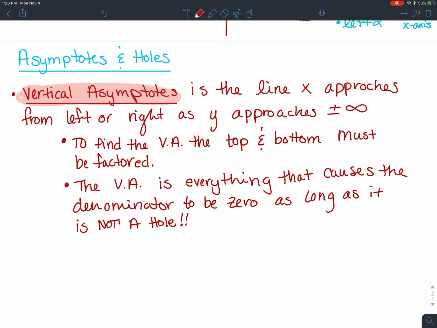And you're probably thinking, what the heck is a hole, man? Well, a hole is the common factor that's on the top and the bottom. So if something is on the top and something is on the bottom and it cancels out, that's a hole, and it is no longer a vertical asymptote in the bottom because it's a hole, not an asymptote, okay?